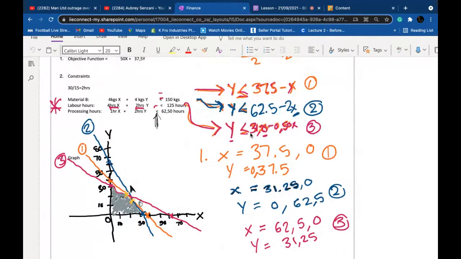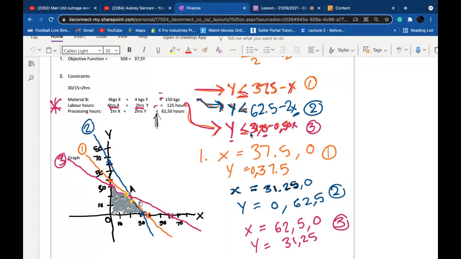Constraints are basically limitations. They'll say, okay, of material B you only have 150 kgs. You can only produce your units with 150 kgs, because that's your limitation, your constraint.